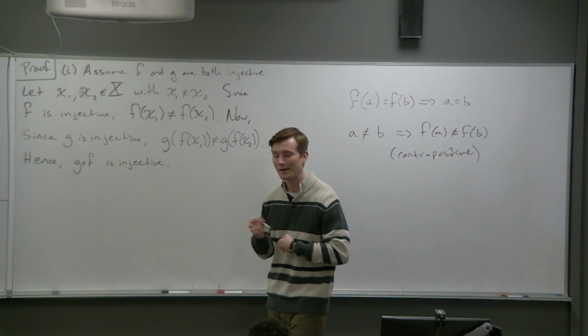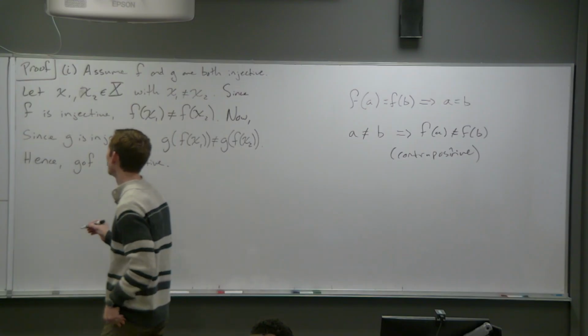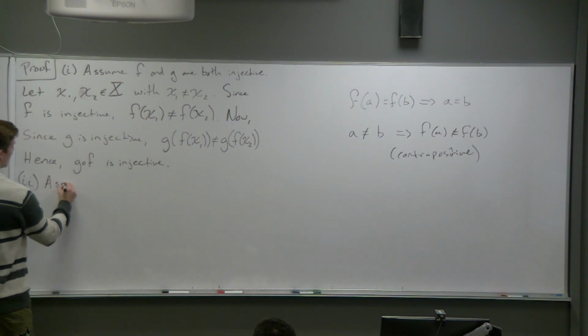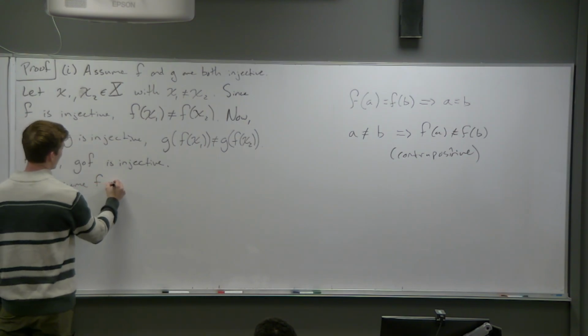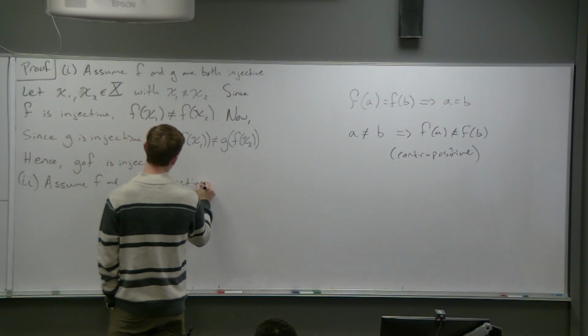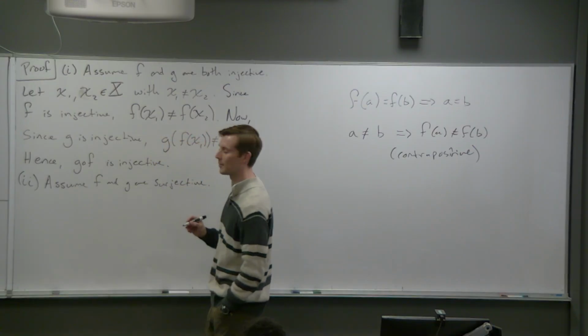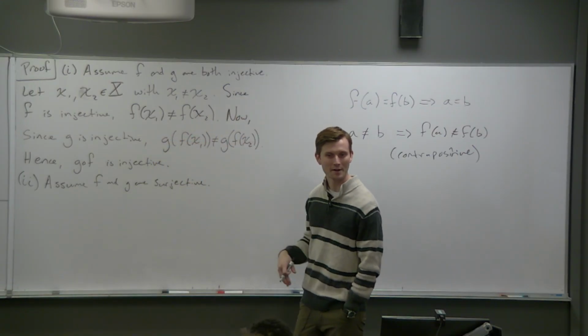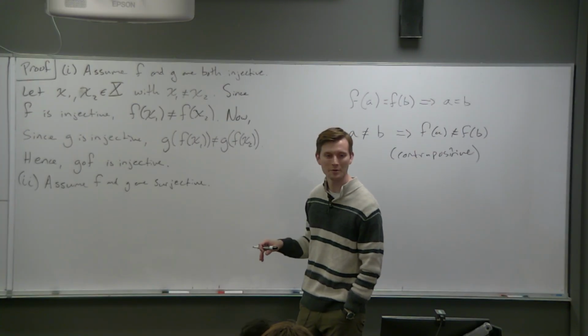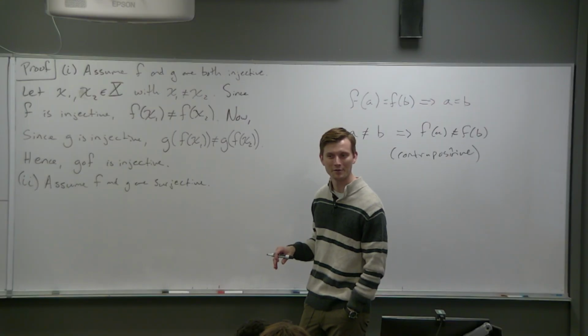Sweet, okay. So what about part 2? Well, let's assume f and g are surjective. We're not assuming they're injective this time. That is, we're dispensing with our observation from the first part, and we're instead now proceeding brand new for number 2. Assume that they're surjective. Okay.